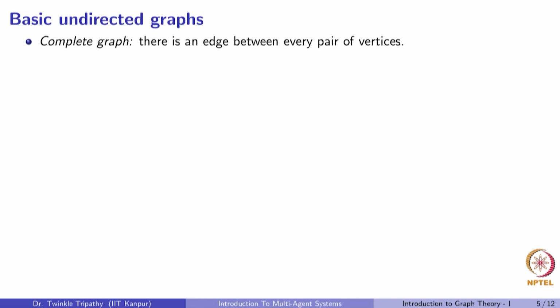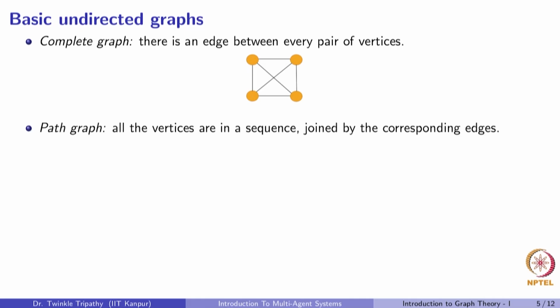What is a complete graph? In such a graph, there exists an edge between every pair of vertices. For example, in this graph, which has 4 vertices, we see that any 2 vertices that we pick have an edge connecting them. Yet another commonly used graph is a path graph.